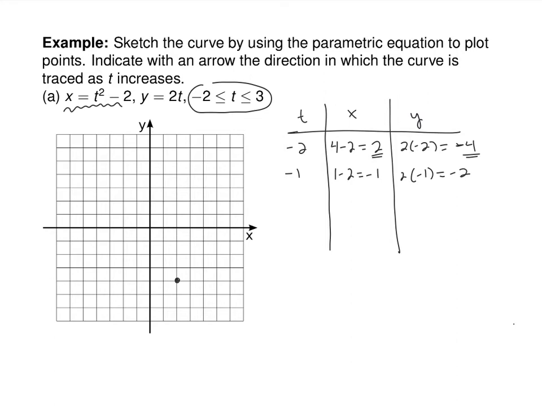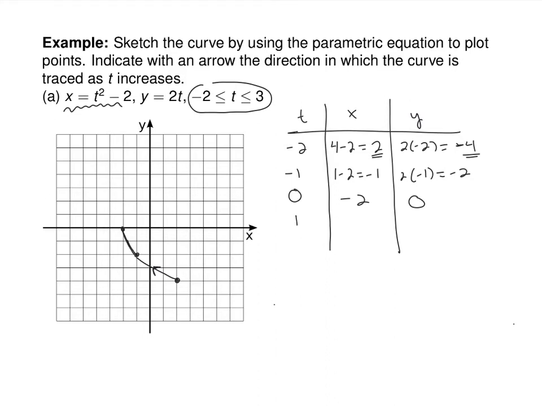So from the origin, go back 1, down 2. And our curve starts by going from there to there. And since we started on the right and went towards the left, we're going to draw an arrow pointing in that direction. Okay, when t equals 0, x is -2 and y is 0. So we've gone to this point.